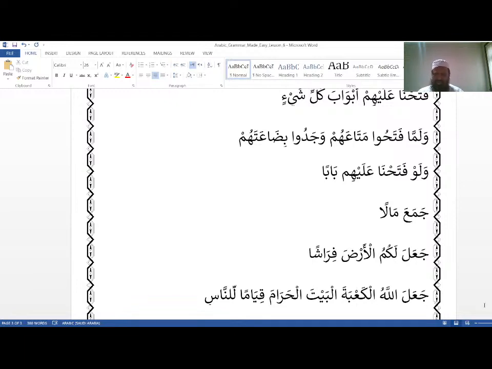Now we can translate. Allah made the Kaaba. What is Kaaba? Al-Bayt al-Harama, the sacred house. Made what? Qiyaman. This is maf'ul thani, second maf'ul of ja'ala.